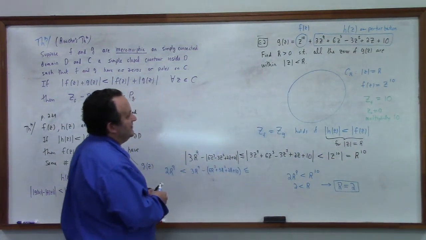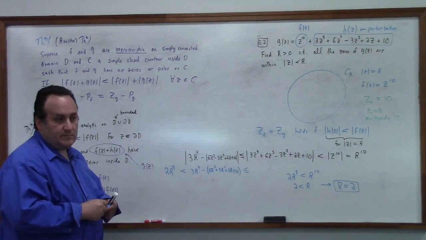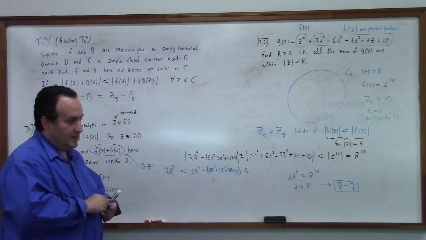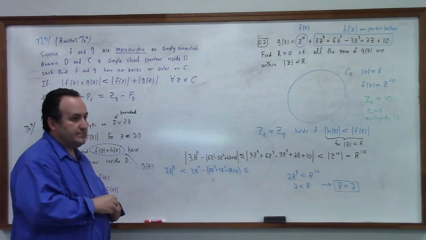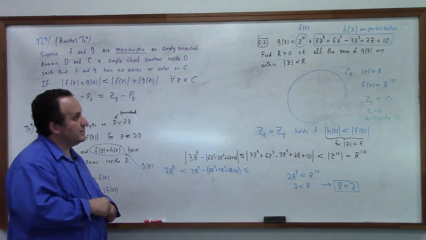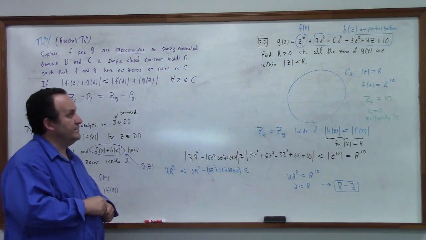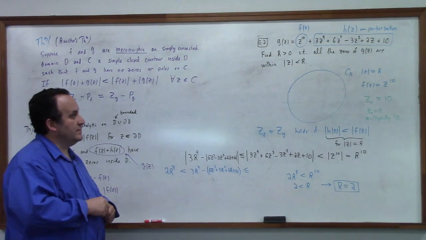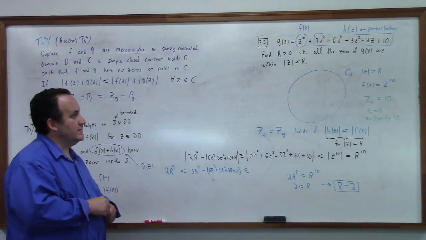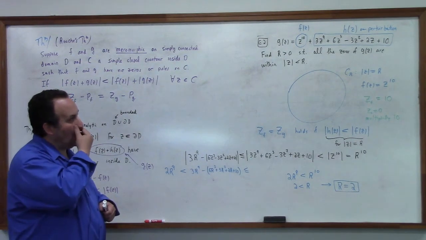I think all of the zeros of g of z are within the disk of radius 2. I think that's plausible for this function.